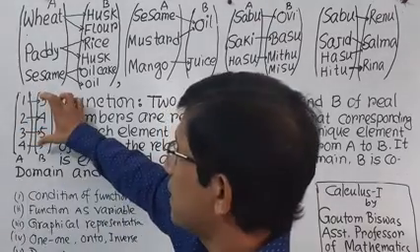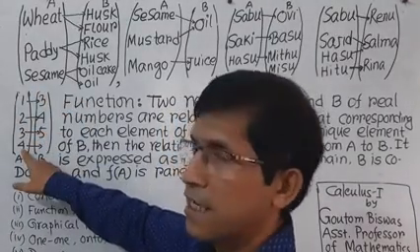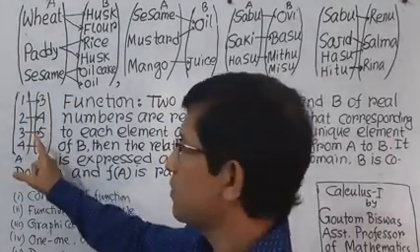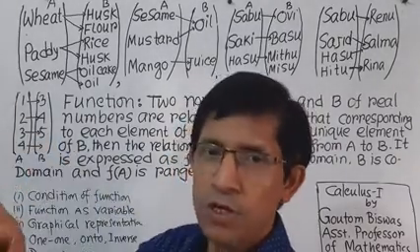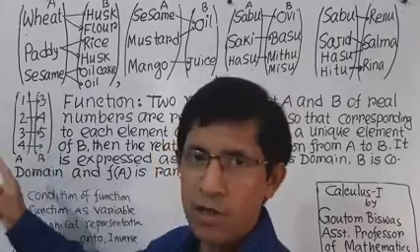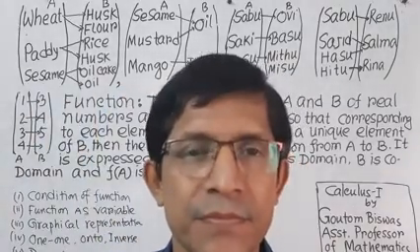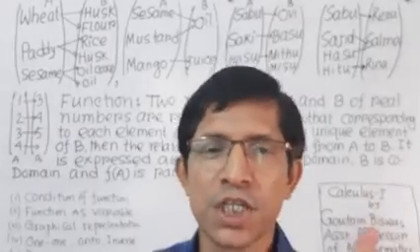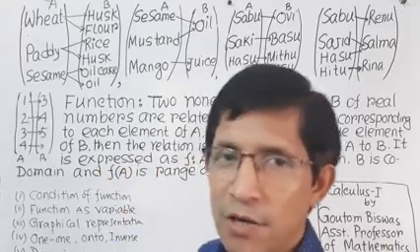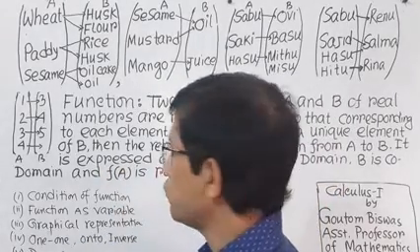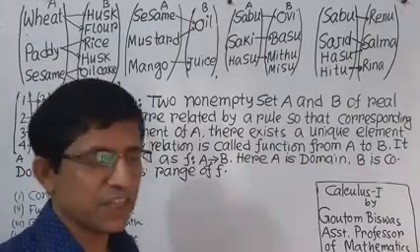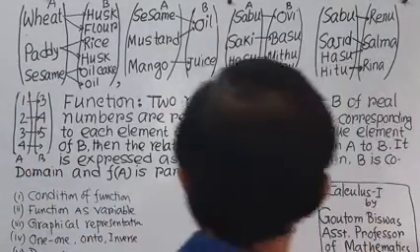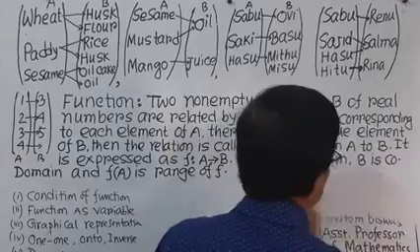In this example, 4 doesn't take part in the relation because there is no image of 4. 4 is the input, but there is no output of 4 in the second set. Okay? So these are the two conditions, and they should be clear to you. Now we can give the definition of a function in terms of variables.